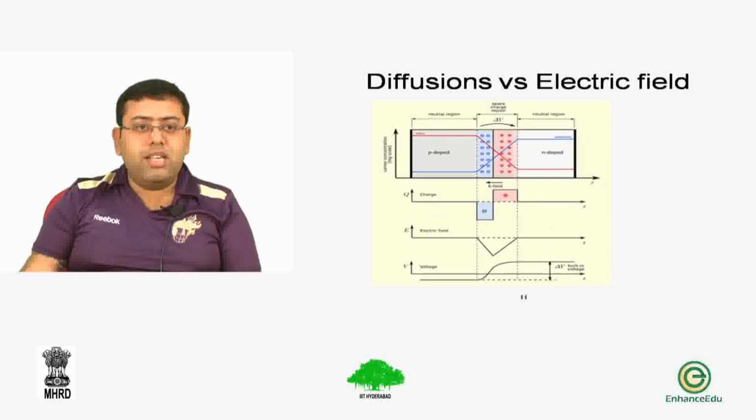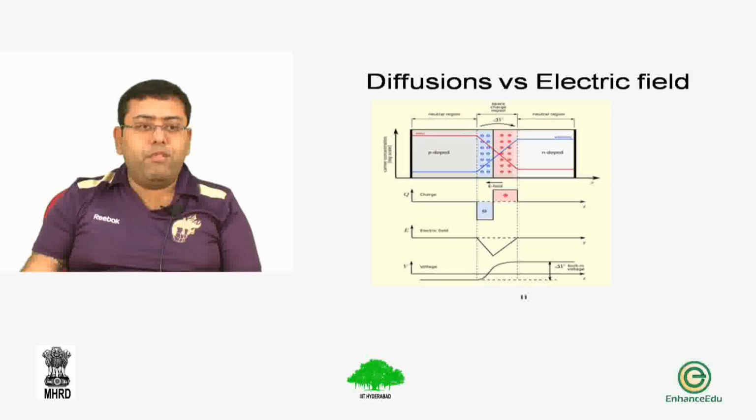And because of this, an electric field is formed from the n-type side to the p-type side, with maximum electric field at the transition of the p-type to the n-type side. And because of this, an electric potential is formed. So when you are transporting a positive charge from the p-type side to the n-type side, it has to cross a potential barrier.